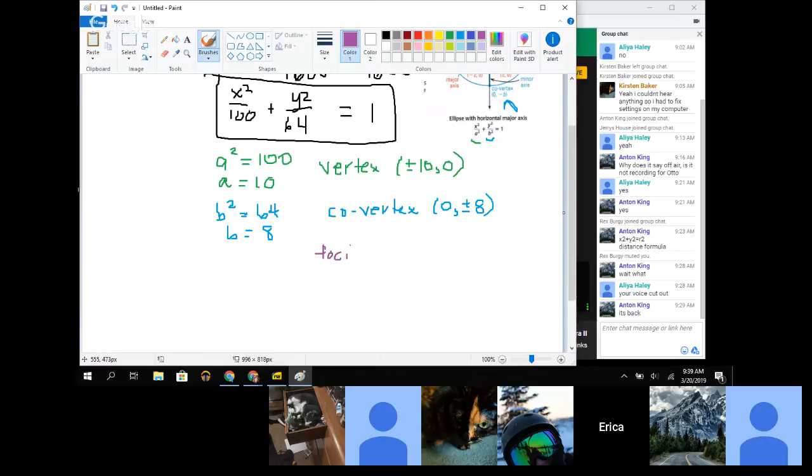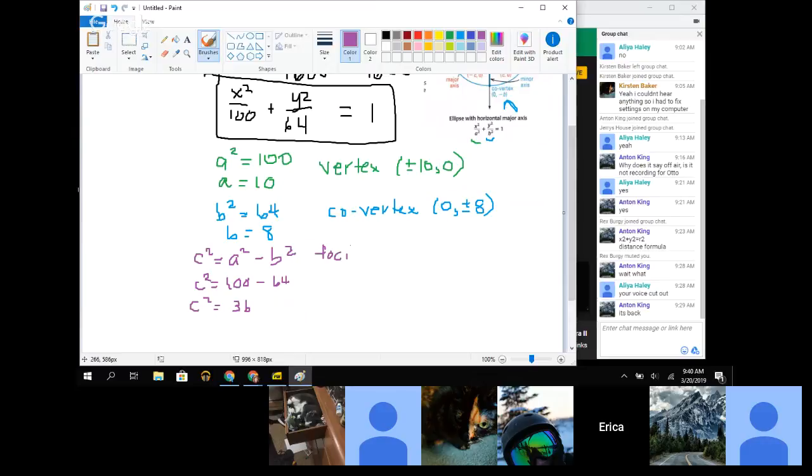The foci are at, well, I'll do my scratch work over here. So c squared equals a squared minus b squared. Okay, a squared is 100 minus b squared, which is 64, equals c squared. 100 minus 64 happens to be 36, right? Yep.